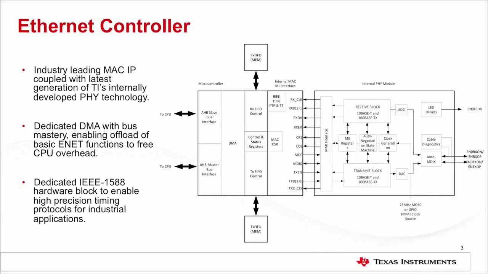A new dedicated DMA controller which has the bus mastery enables the CPU offloading of most of the basic Ethernet functions. And finally, the new MAC has a dedicated IEEE 1588 hardware block for high-precision timing protocols, ideal for industrial Ethernet applications. Now let's take a quick look at some of these features specifically associated with the MAC.